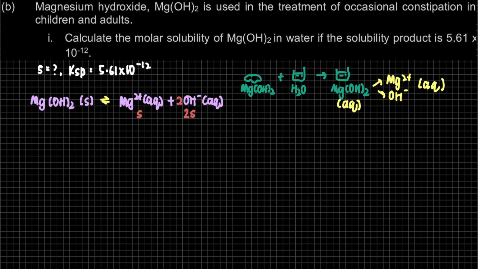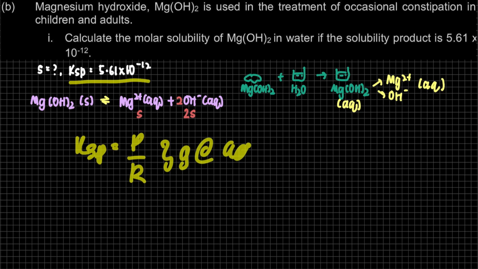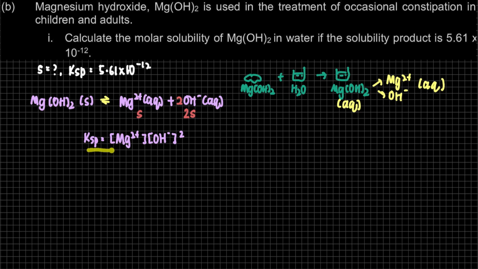How do I find out the s? First, I write down Ksp is equal to product over reactant, again must be gas or aqueous. For this equation, Ksp will be [Mg2+] multiplied by [OH-] to the power of 2, because we have 2 in front of the species OH-.